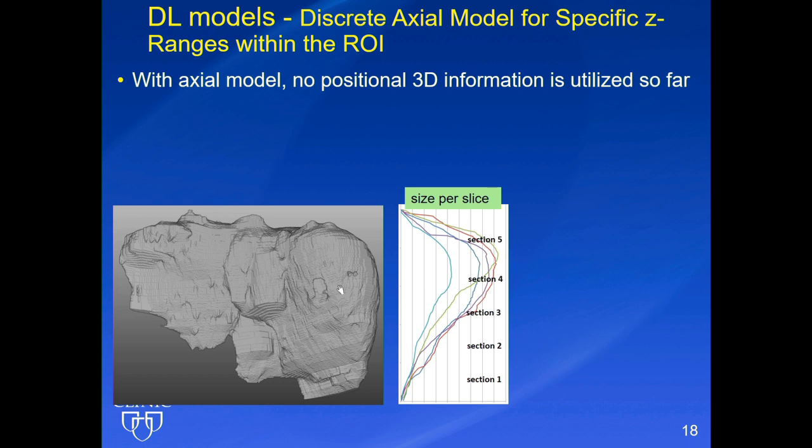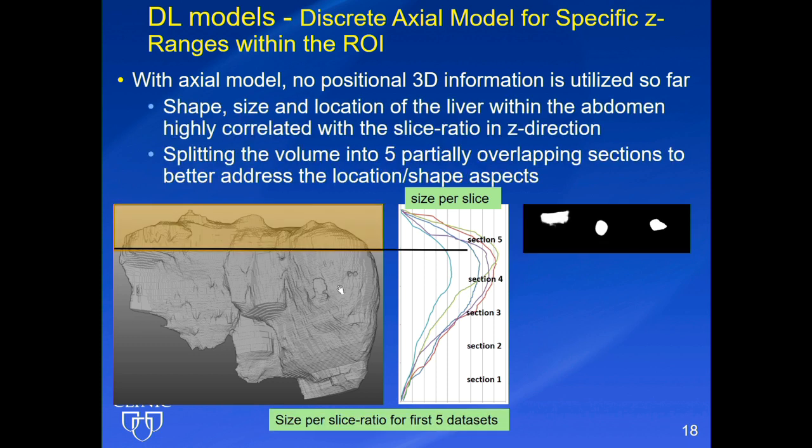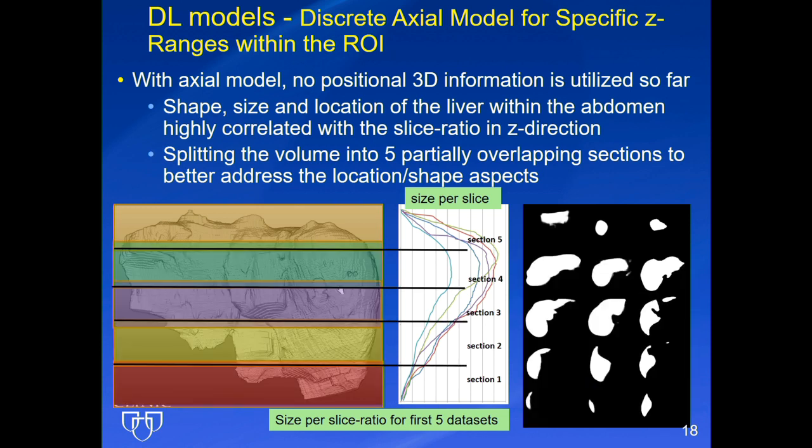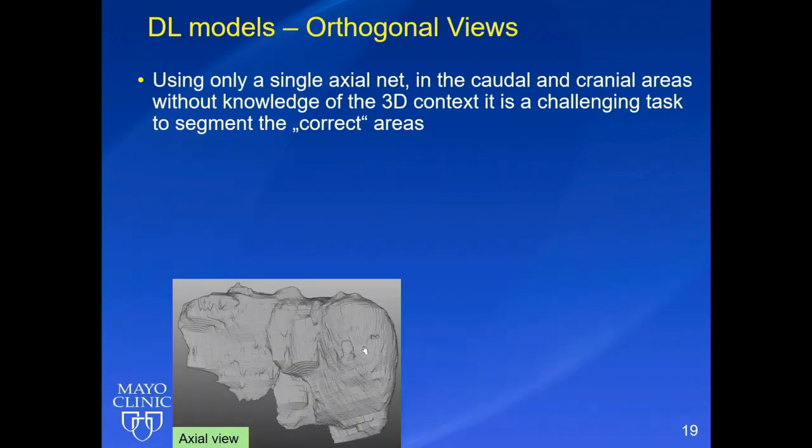So if you incorporate that and split your volume, you have very characteristic cross-sections at the cranial area, in the mid-section, and in the caudal sections. So if you train an individual model for these 5 sections with some incorporating of both models for the border areas, one would expect better results compared to only training one axial model.